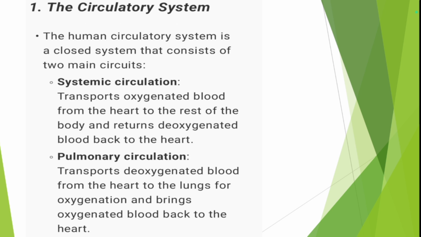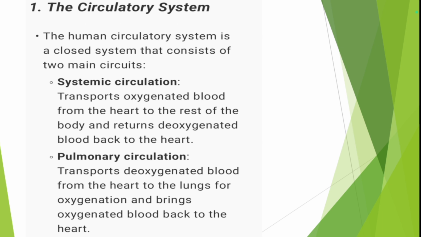Okay. So, in the systemic circuit, what happens? The heart sends the oxygenated or purified blood all over the parts of the body, and it also collects whatever impure blood is there and brings it back to the heart. And now, when we are talking about the pulmonary circulation, this is associated with the heart and lungs.